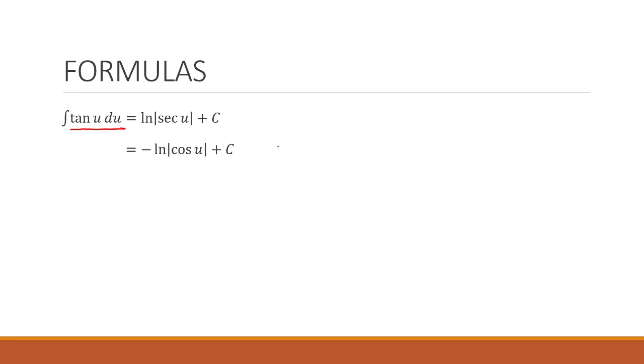So what I'm going to try in this case is we assume that we don't know na this is the equivalent ng integral ng tangent, or these are the equivalent ng integral ng tangent. Okay, so we'll start with the left hand side of the equation, and then again assuming that we have no idea what is its equivalent integral.